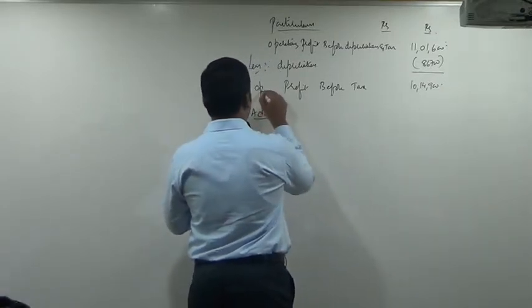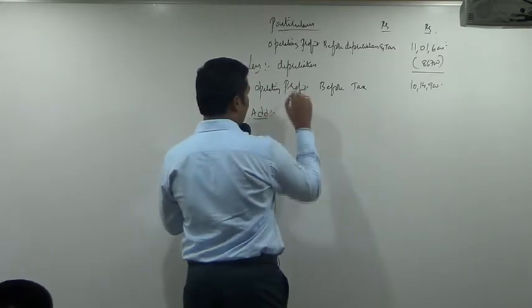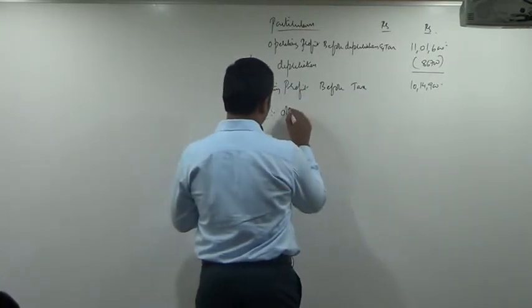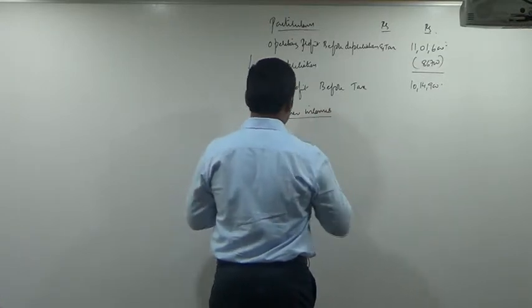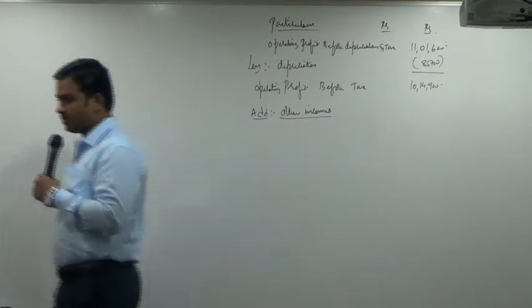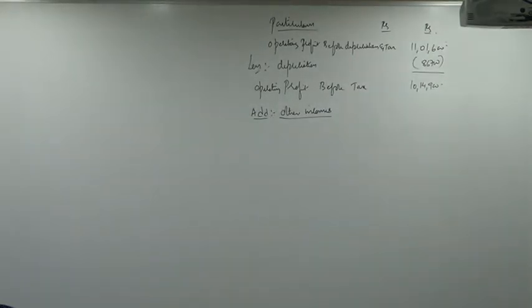You can still call it operating profit only because it's still out of operations. Add other incomes. See the P&L account, there are some other incomes: profit on sale of investments, refund of tax, insurance claim, major fire settlement.